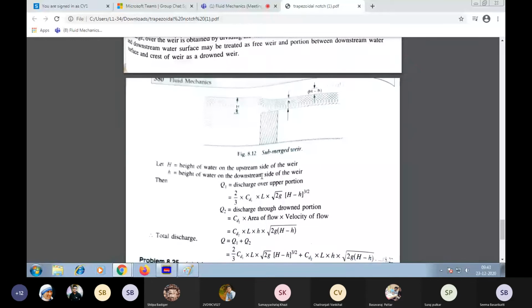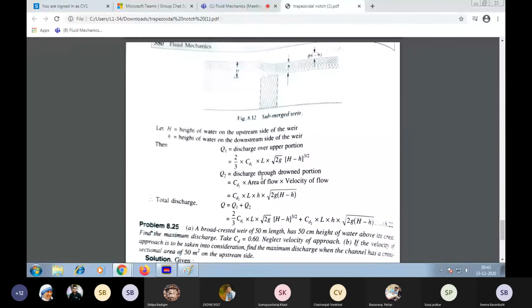So take the first problem. A broad crested weir. So note down this problem. A broad crested weir of 50 meter length has 50 centimeter height of water above its crust.